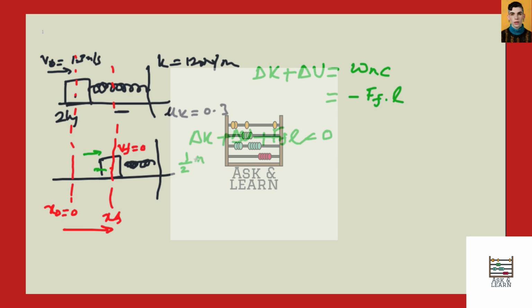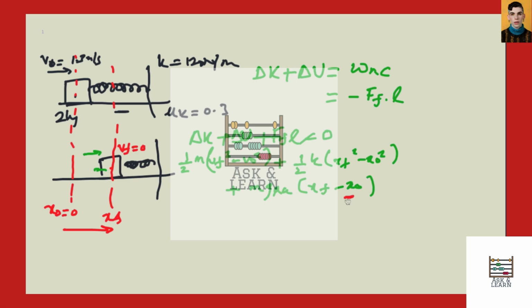So now I'll write the equation: half m times vf squared minus v naught squared, which is delta K. Delta U is equal to half k times xf squared minus x naught squared. We know x naught is 0 and we know that vf is 0. Plus force of friction, which is mg mu k, times xf minus x naught.